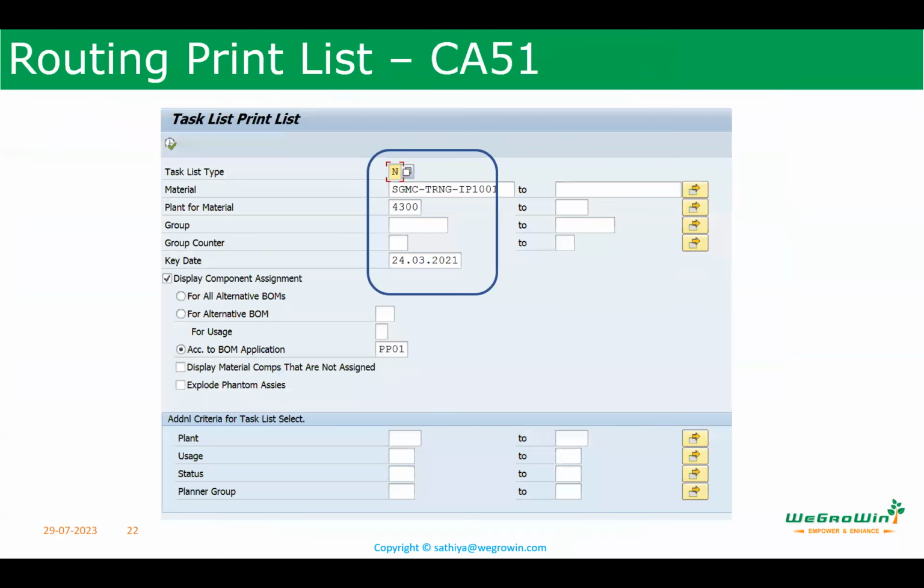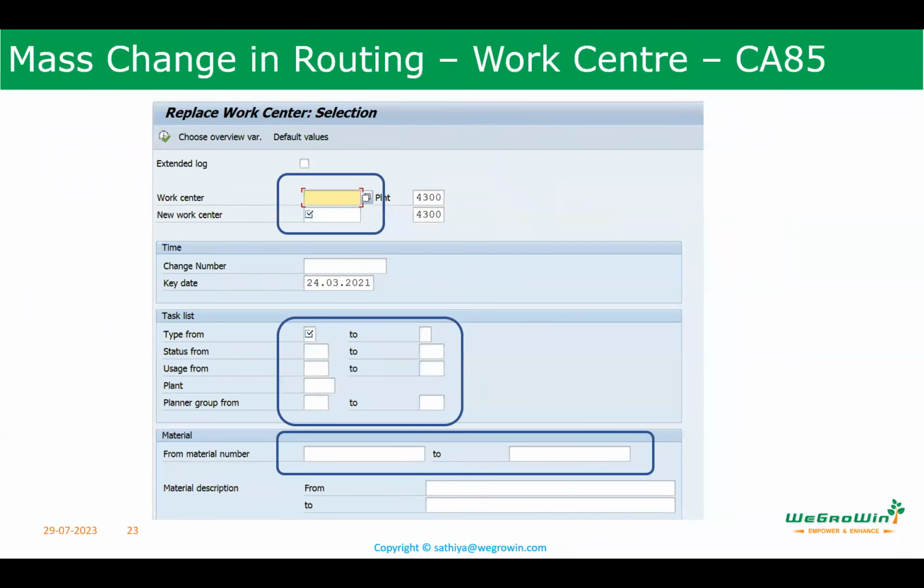So now this is the display of the BOM. Again, put all the details. You can see them. And if you want to do any mass change in the routing, you can do this with the transaction called CA85. For example, I have 100 products and I have the routing. In these 100 products, one particular work center is getting used.